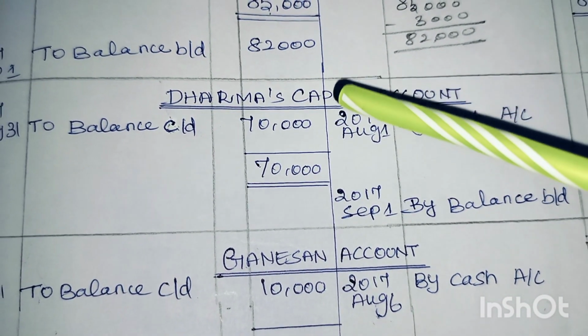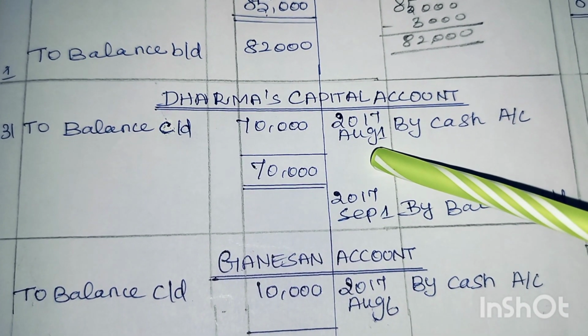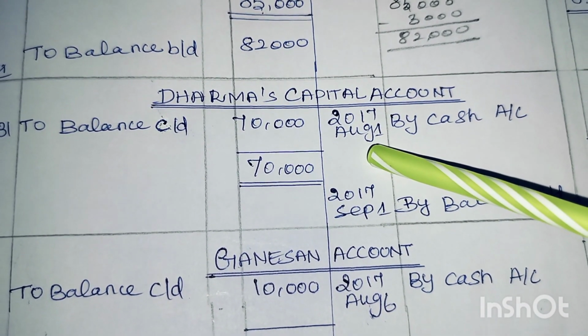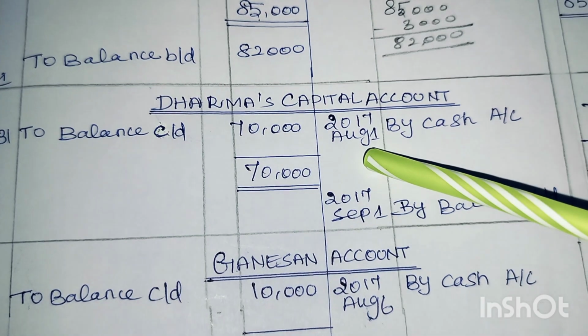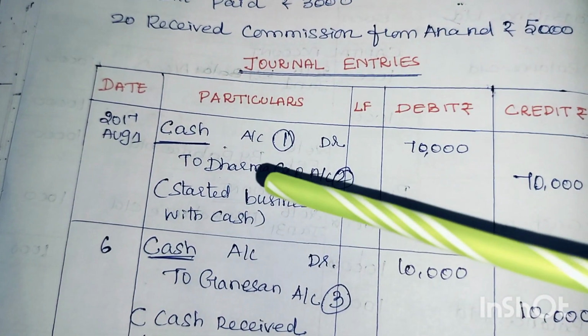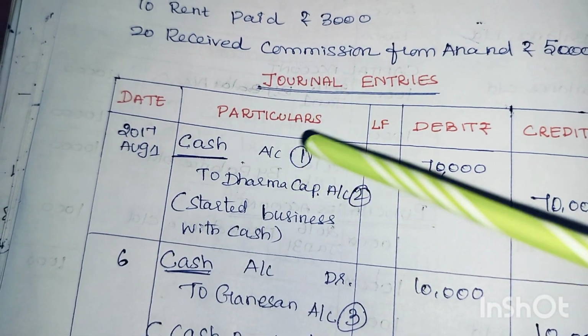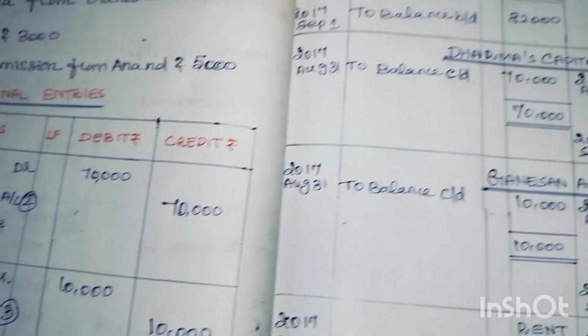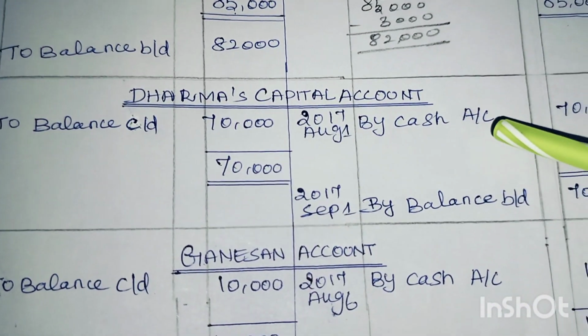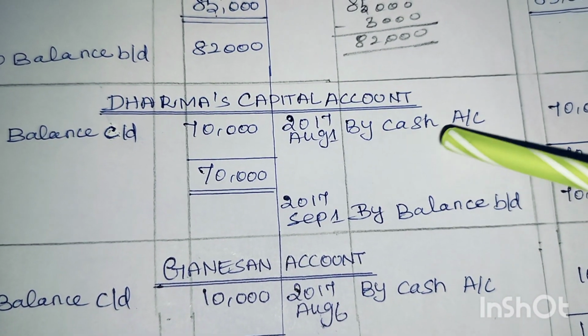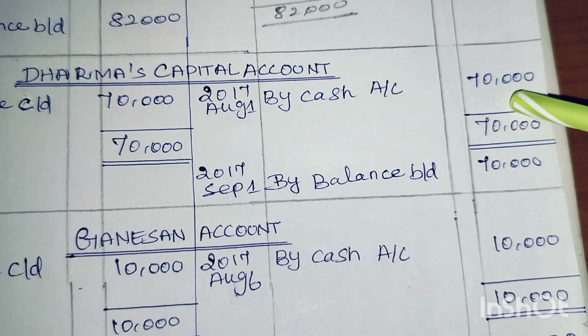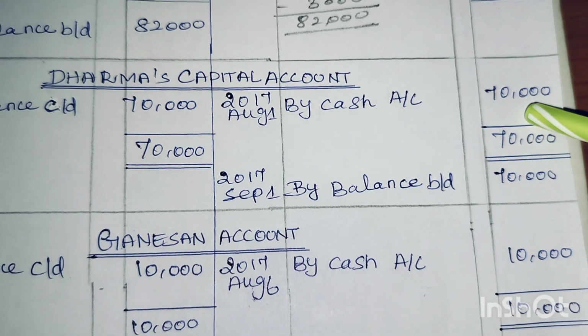What is the date? 2017 August 1. What is the opposite account? The opposite account's name is cash account. How many rupees? 70,000 rupees. So what we do now? We write by cash account 70,000 rupees in the amount column.